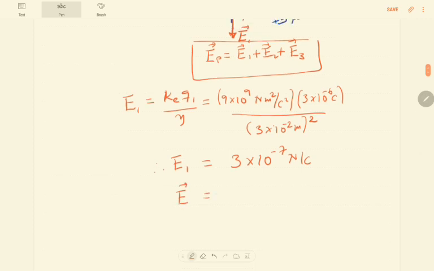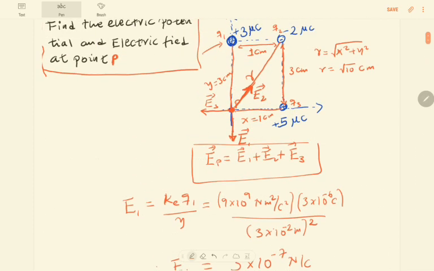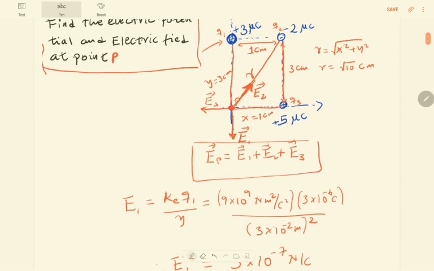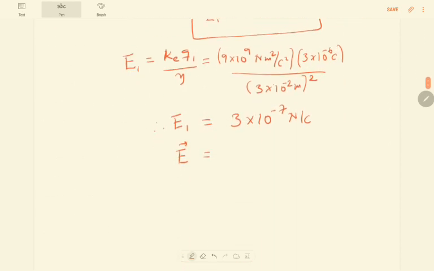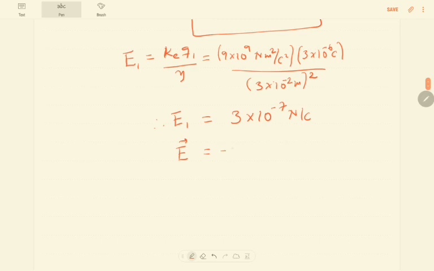As you see here, the direction is away from the charge, ስለሆነ it's actually plus 3 times 10 to the power of 7 Newton per coulomb. It's in the j direction, unit vector j.